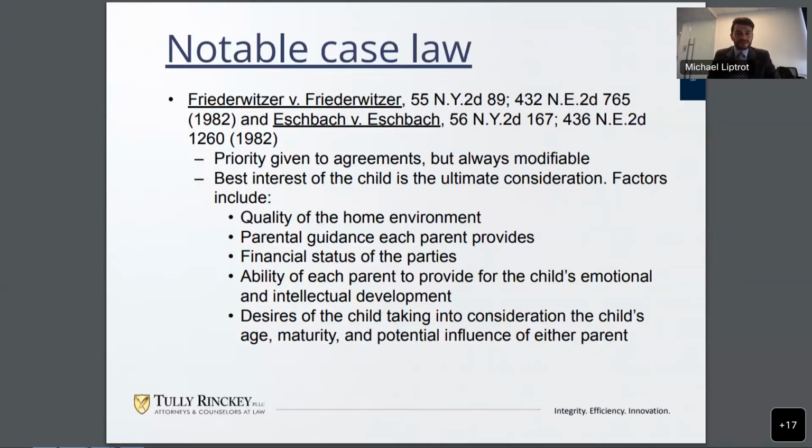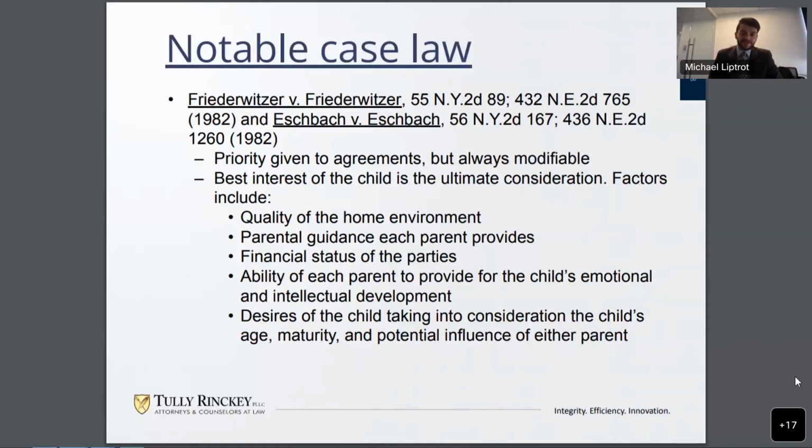And in these two important cases, they noted the following factors: quality of the home environment, parental guidance each parent provides, the party's financial status, ability of each parent to provide for the child's emotional and intellectual development, and the desires of the child, but factoring in the child's age and maturity and the potential influence of either parent on the child's desires. So those are noted in those cases there.